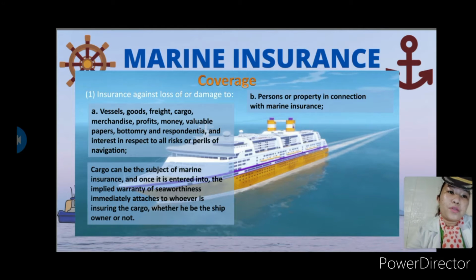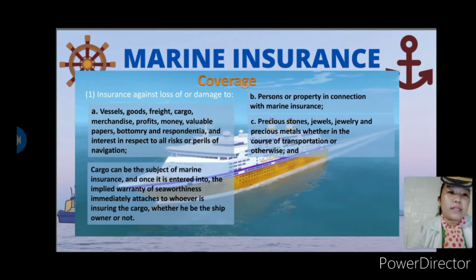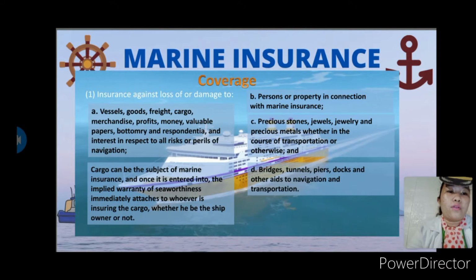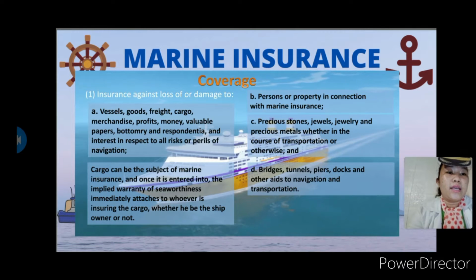We also have the persons or property in connection with marine insurance. Next, we have the precious stones, jewels, jewelry, and precious metals, whether in course of transportation or otherwise. And next, you have the bridges, tunnels, piers, docks, or other aids to navigation and transportation.